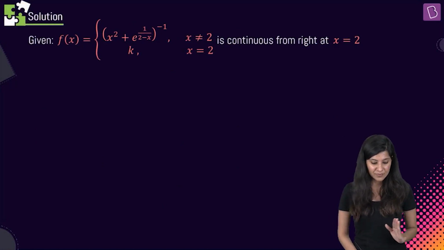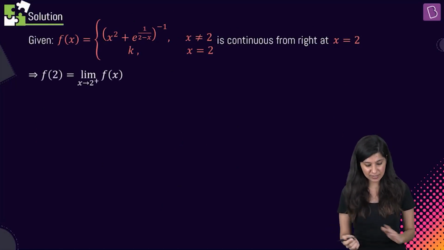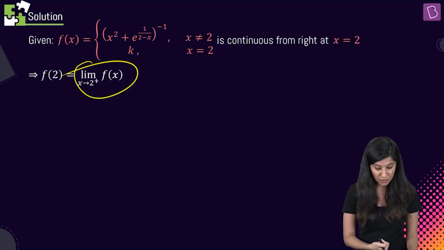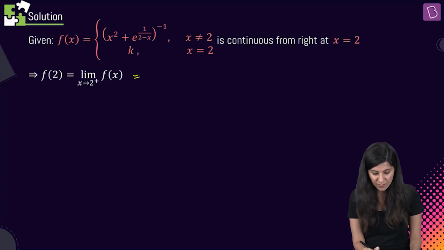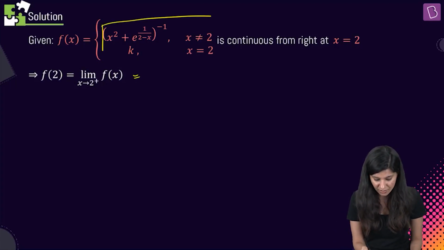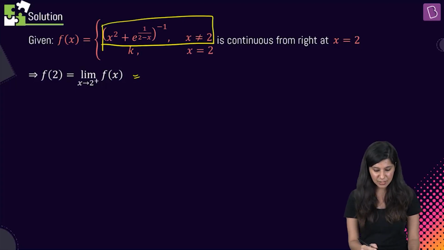So we already know that f of 2 is equal to RHL. RHL is nothing but limit of f(x) where x is tending towards 2 plus. 2 plus means x is greater than 2, not 2, which means this particular expression. Let's copy this expression as it is.